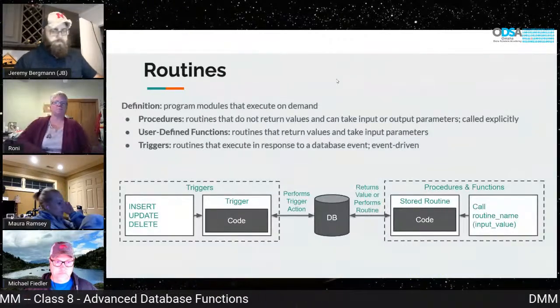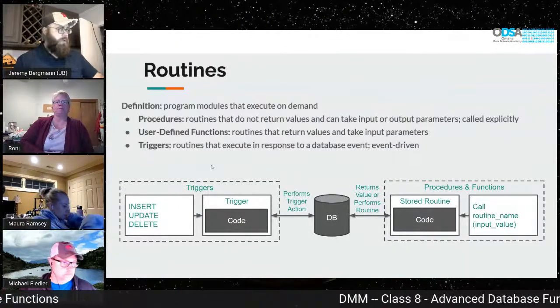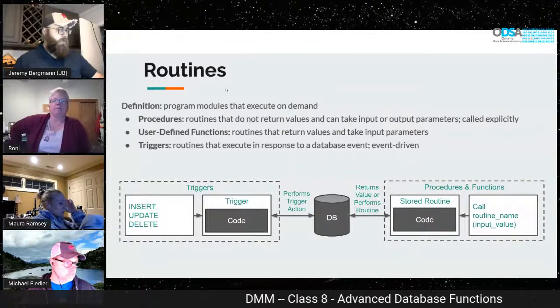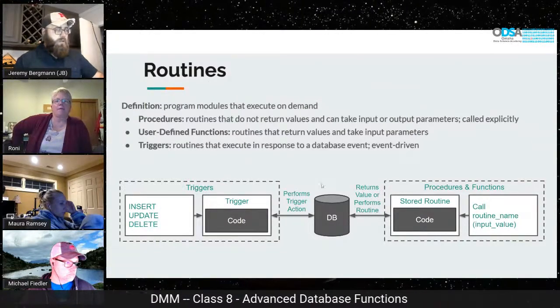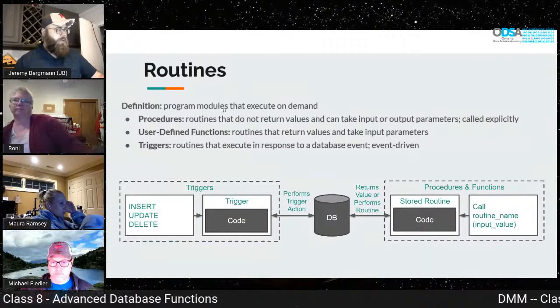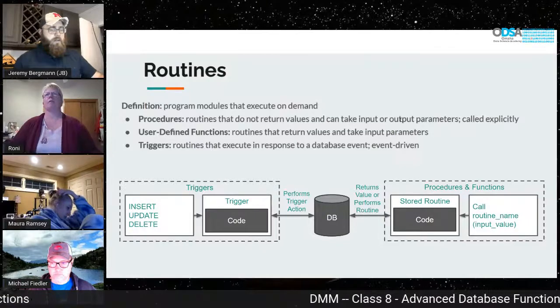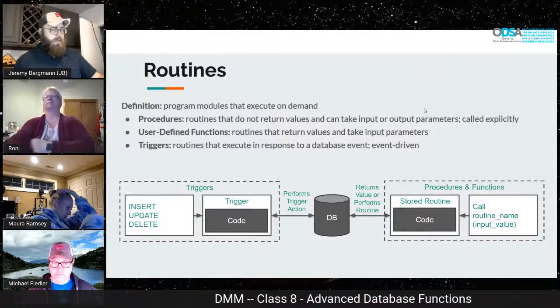All right. But first, before we get into procedures, functions, and triggers, let's define a routine within a relational database. So these are program modules that execute on demand within a relational database management system.